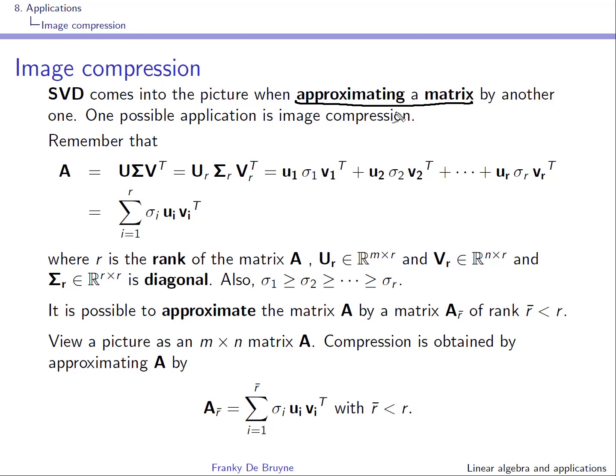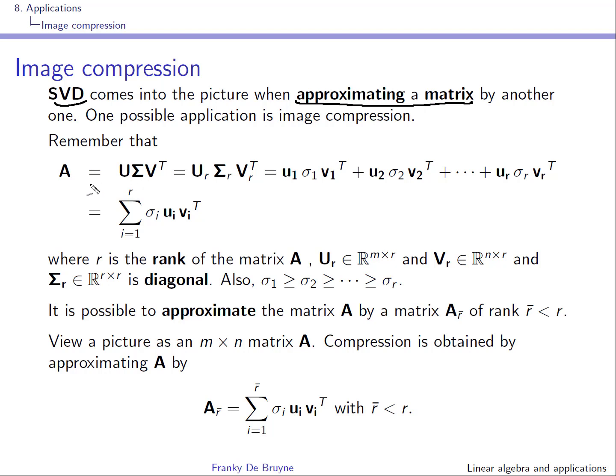But for instance, approximation of a matrix by another matrix is important when you do model reduction. As I've said, as a control engineer, at some stage you might want to replace a model by a simpler model, and behind that somewhere is the SVD.